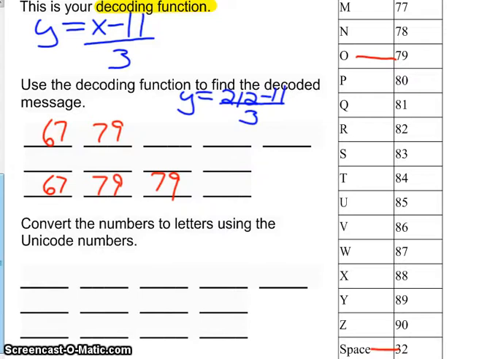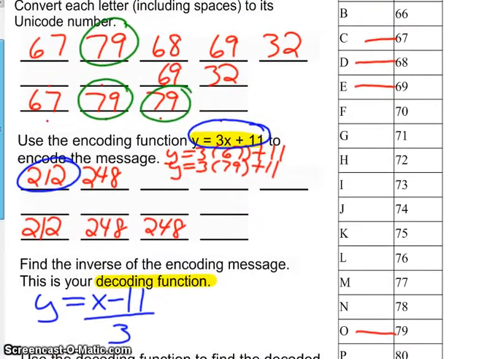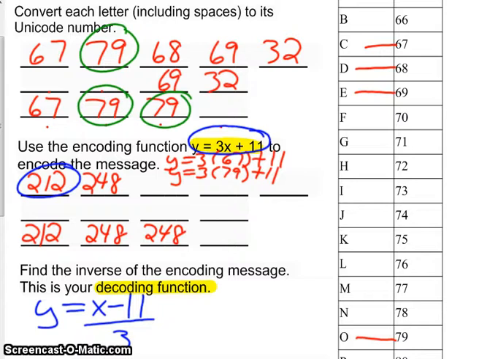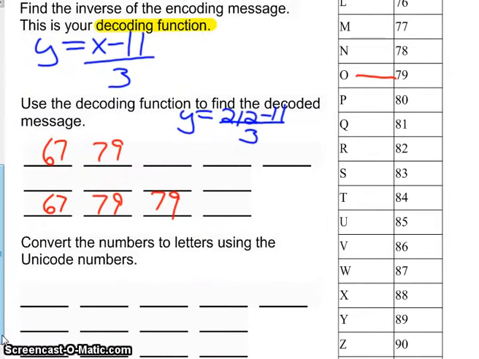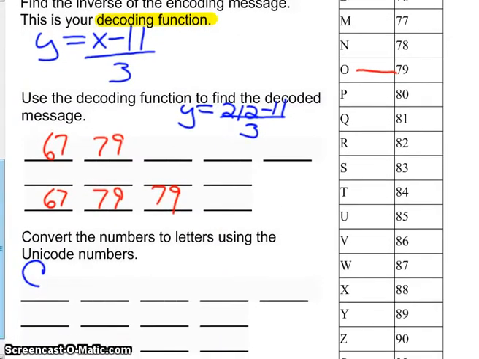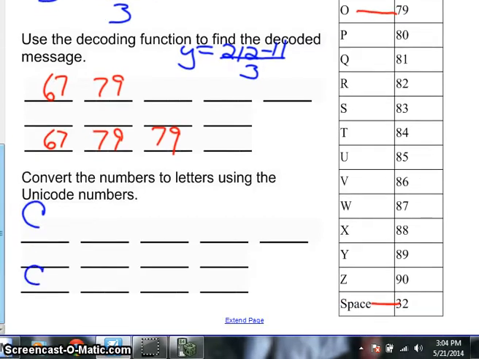So 67 is C, and 79 is O. Okay, so that was your explanation of how to do the whole front page.